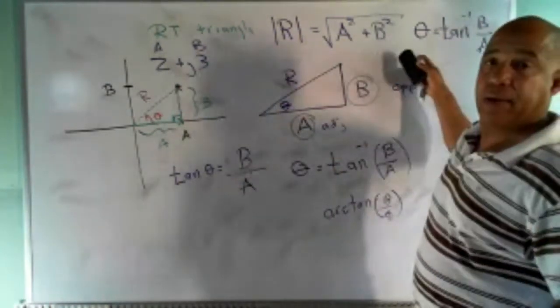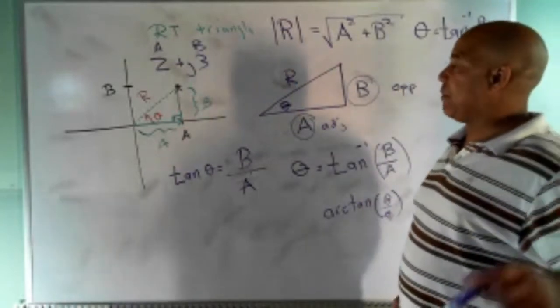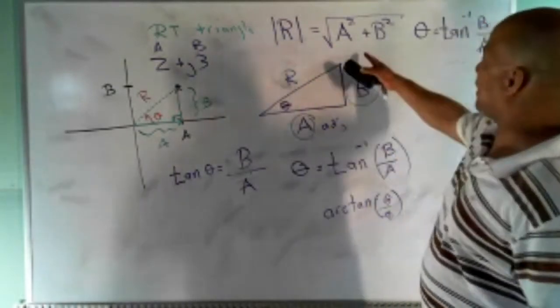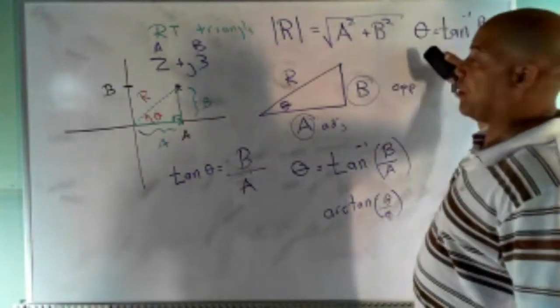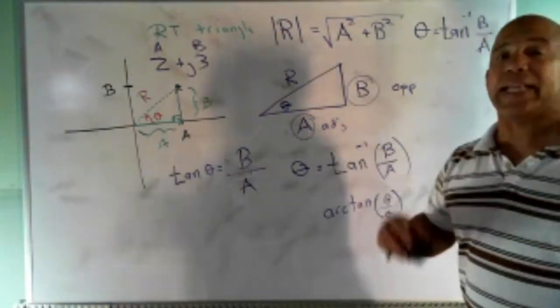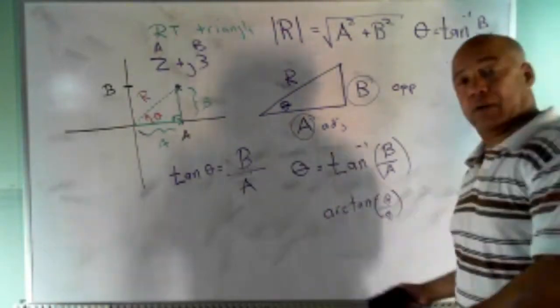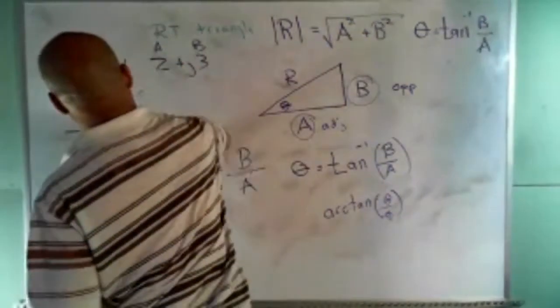That's just a little trig review. So if I'm in rectangular form, it's easy to go to polar form by using the Pythagorean theorem and the inverse tangent. Okay, well, what if I was already in polar form and I want to go to rectangular form? How would I do that? Well, let's look at that one.